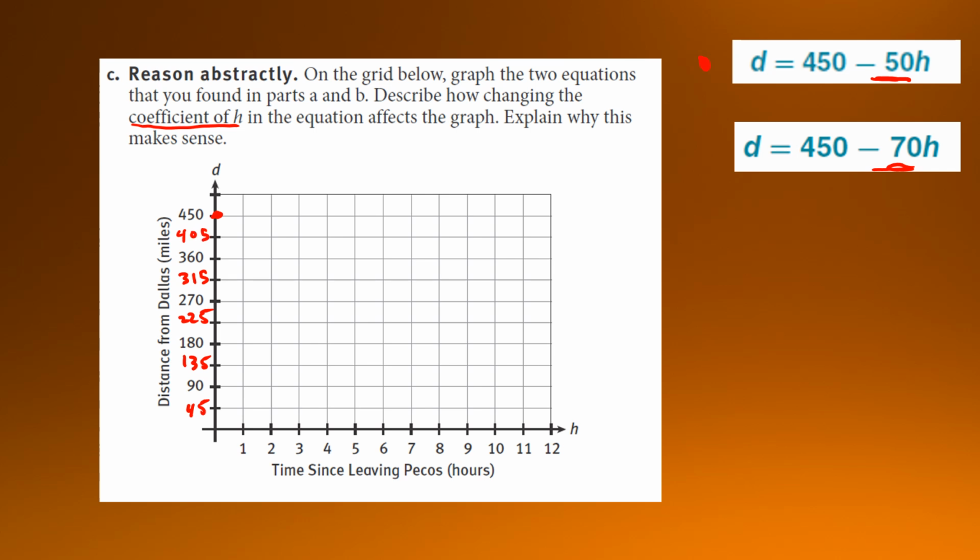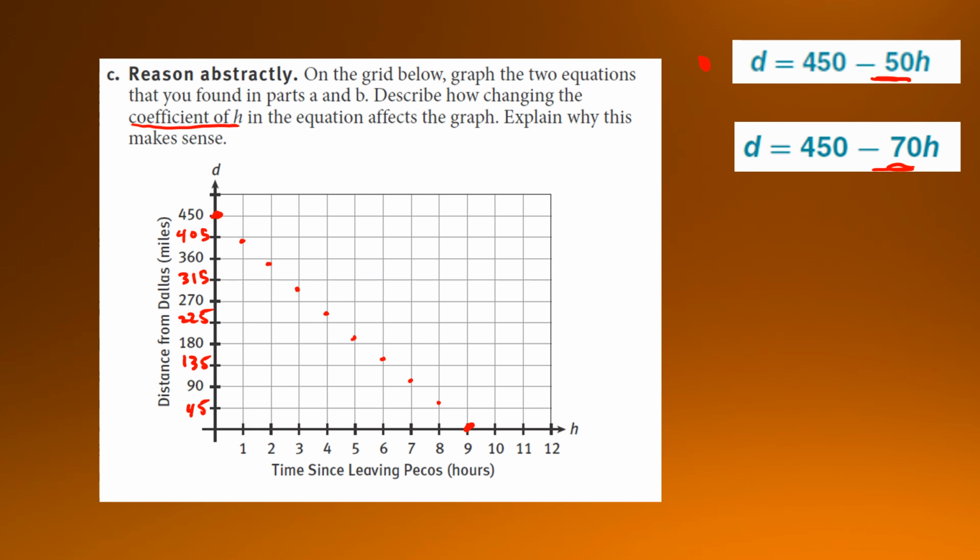All right, so if we minus 50, we're going to be at 400, and then we'll be at 350, and then 300, and then 250, and then 200, and then 150, and then 100, and then 50, and then 0.